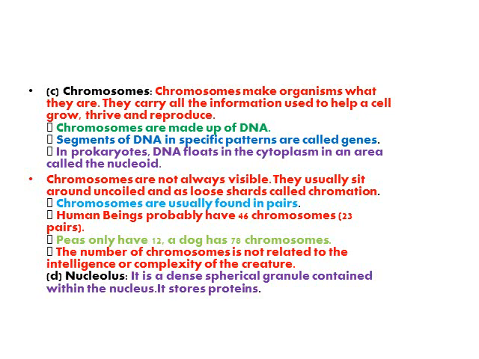In prokaryotes, DNA floats in the cytoplasm in an area called the nucleoid. Chromosomes are not always visible. They usually sit around uncoiled as loose strands called chromatin.